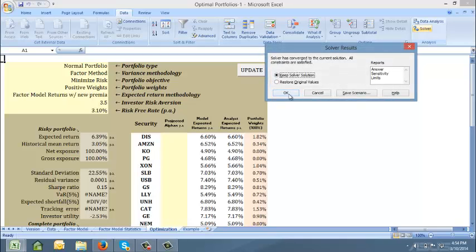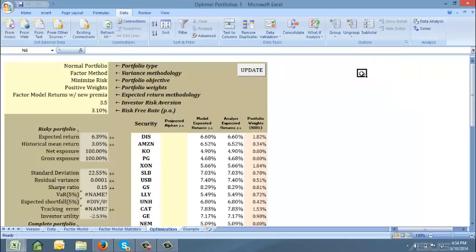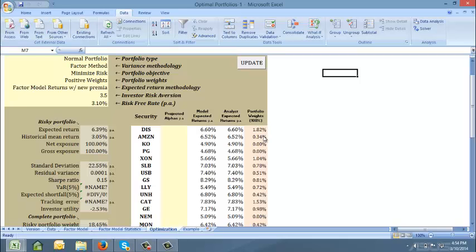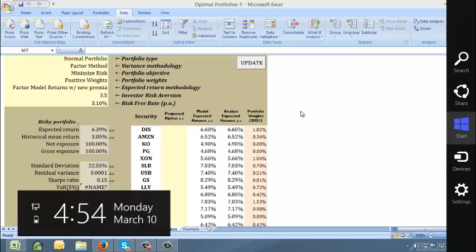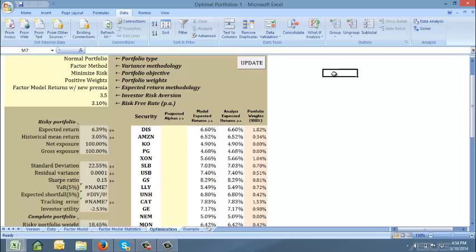Alright, it's found a solution. You got to keep in mind that solver isn't always 100% correct. It gives a very close estimation, so I'm just going to put my answers on the side right here.